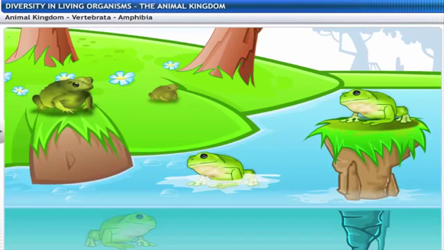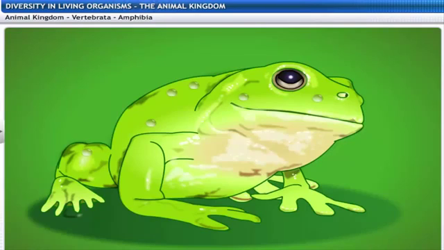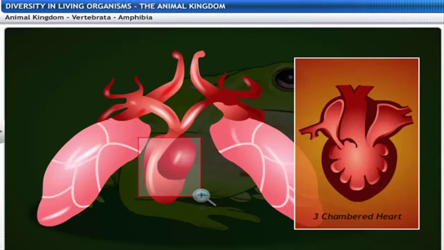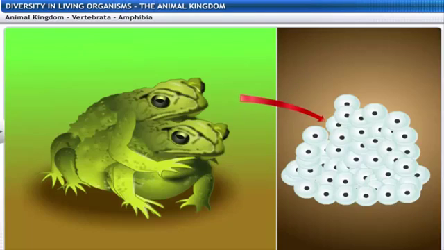Amphibians are seen both on land and in the water. All amphibians have mucus glands on their skin, and they do not have scales. Amphibians breathe through gills or lungs, and their hearts are three-chambered. Amphibians reproduce by laying eggs.